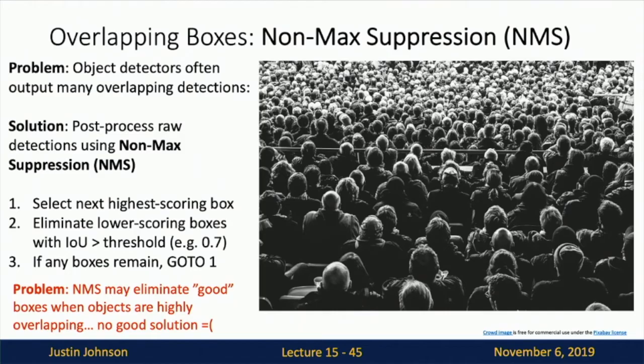This is a big failure mode of object detectors right now, when you've got really crowded images with lots and lots of objects that are all highly overlapping. Then it becomes very difficult to tell the difference between very close boxes that are actually different objects versus very close boxes that are duplicate detections of the same object. So this is an open challenge, I think, in object detection right now. But people are working on it. It's an exciting field.